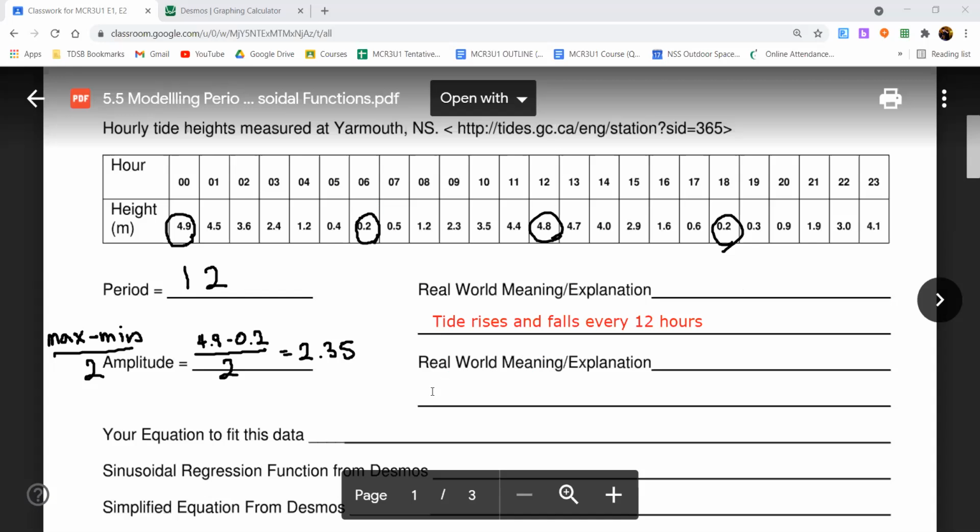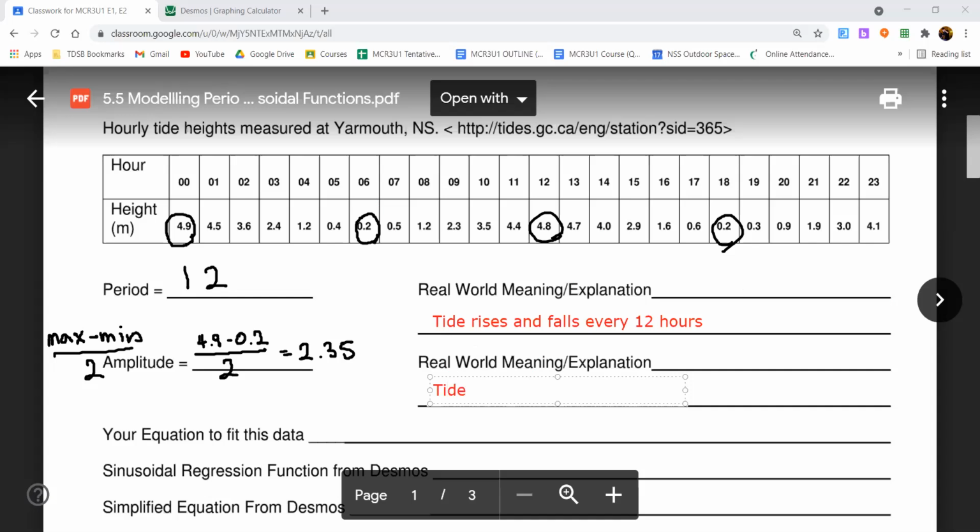What is the real world meaning behind an amplitude of 2.35? Does that mean it'll reach a peak height of 2.35 meters above, I don't know, the midpoint? I don't know what to call that.